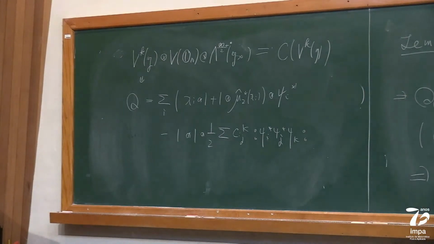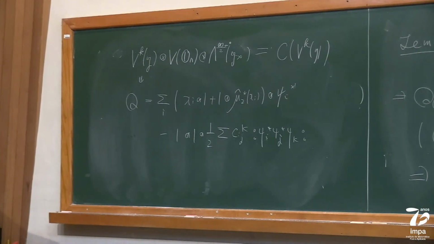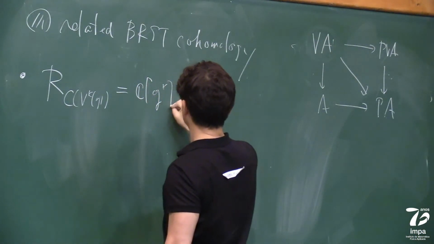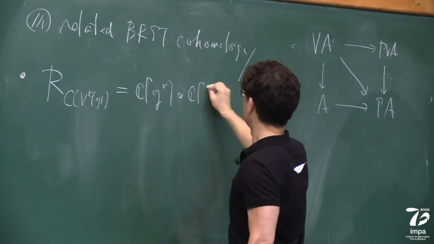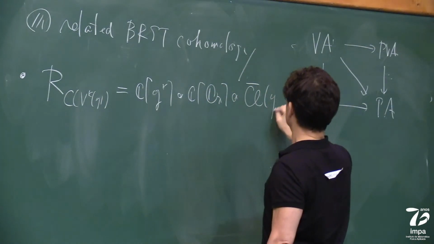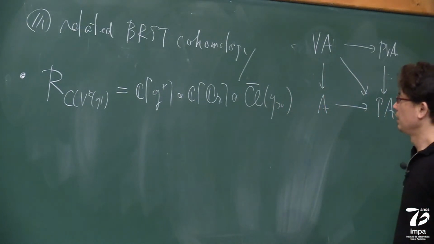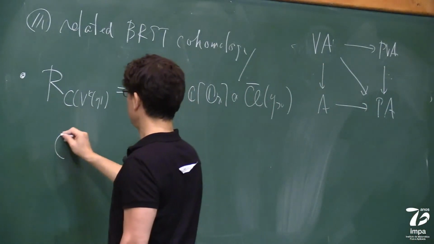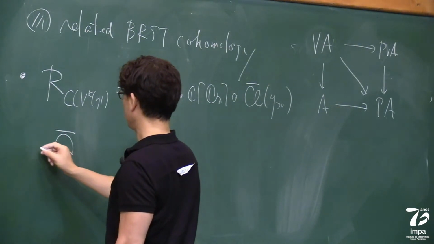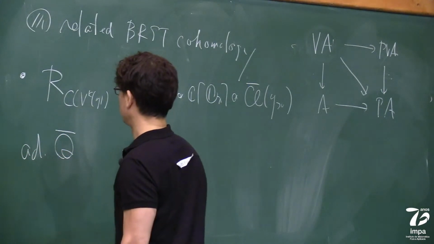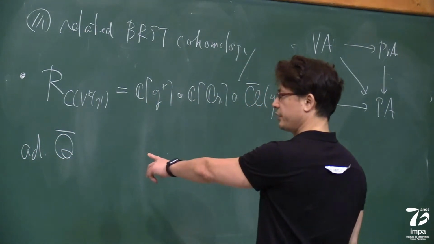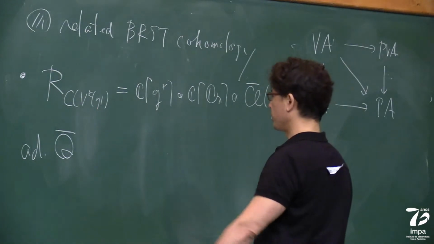So this is C[g*] tensor C of the classical Clifford algebra. And the image of Q, which I denote by Q, gives an action by Poisson bracket, and the square of this equals 0 because Q_0 squared equals 0.